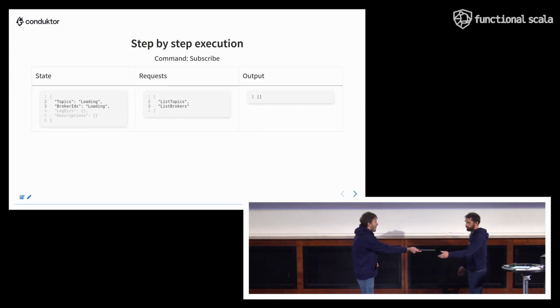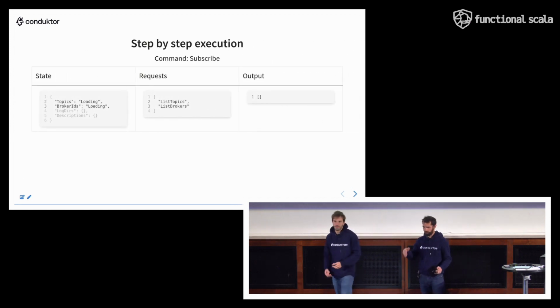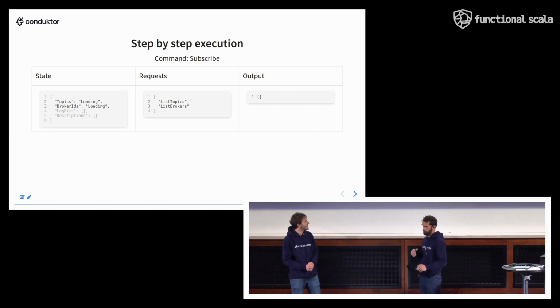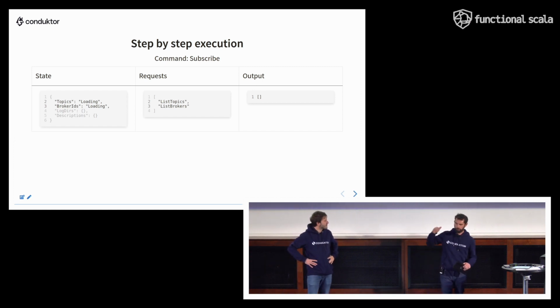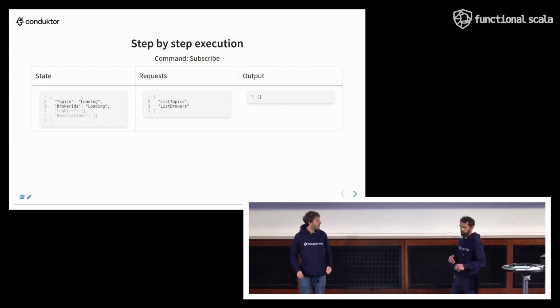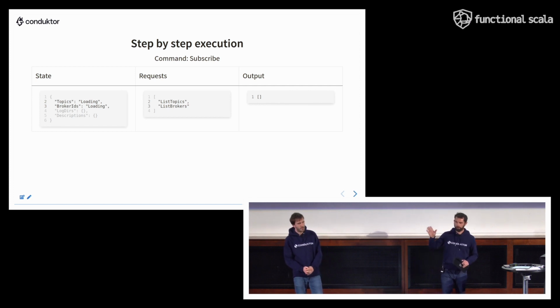Okay, so I propose to go through a step-by-step execution of how this actually works. So here you have a command that is subscribed as the first command sent by the front end, and then you have a state in which you store the fact that you are actually loading topics and broker IDs. And in the pending requests, you have these two requests.